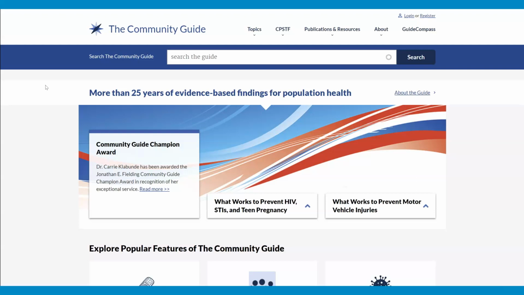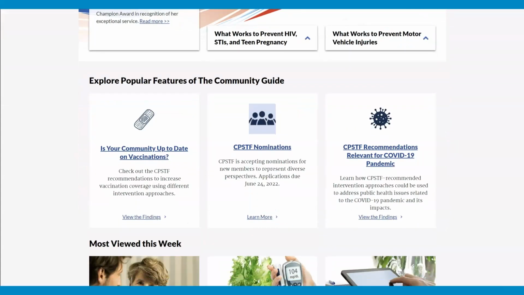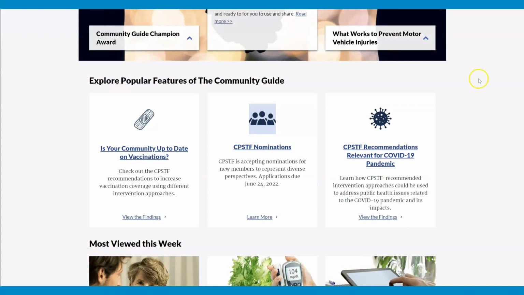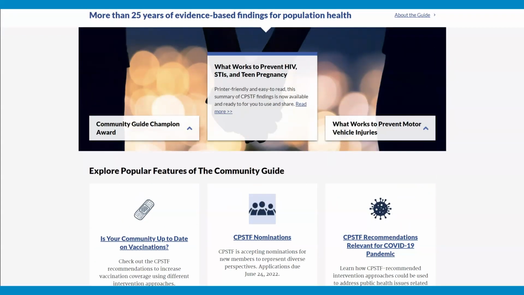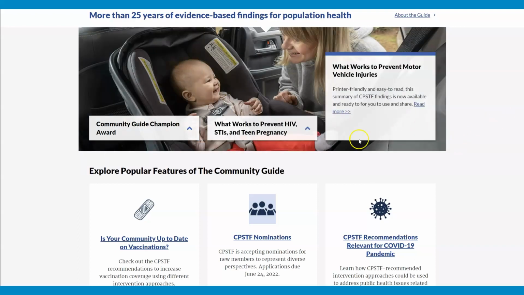And so here's a couple of up-and-coming topics that are front and center for the Community Guide, and that is what works to prevent HIV, STIs, and teen pregnancy. I think that's one that I briefly went over previously. But what works to prevent motor vehicle injuries?